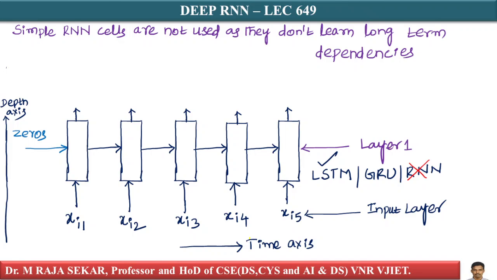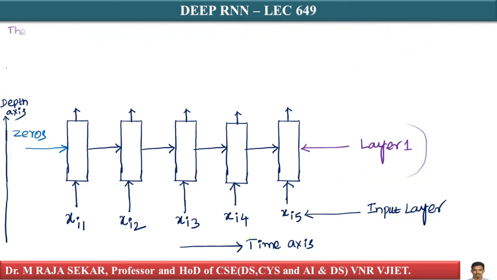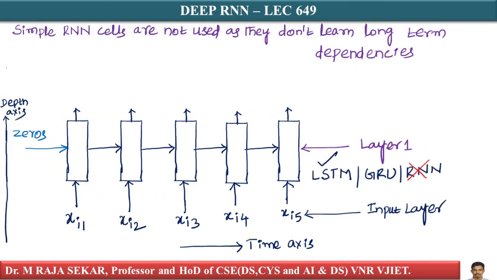Most often you simply have LSTM units. This could be a set of LSTM cells. You could have GRU cells, one on top of the other.